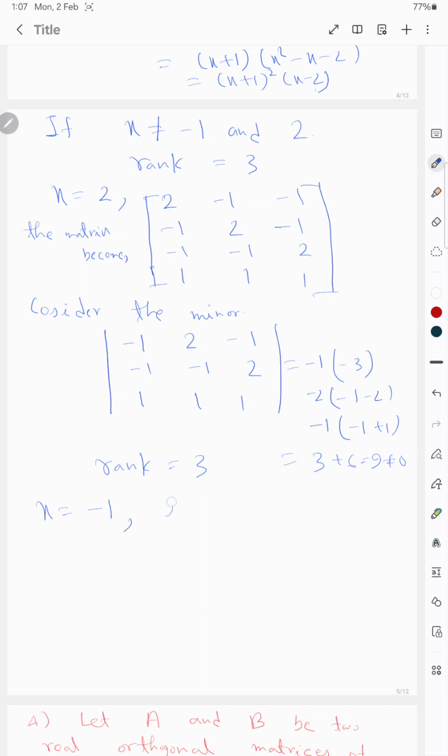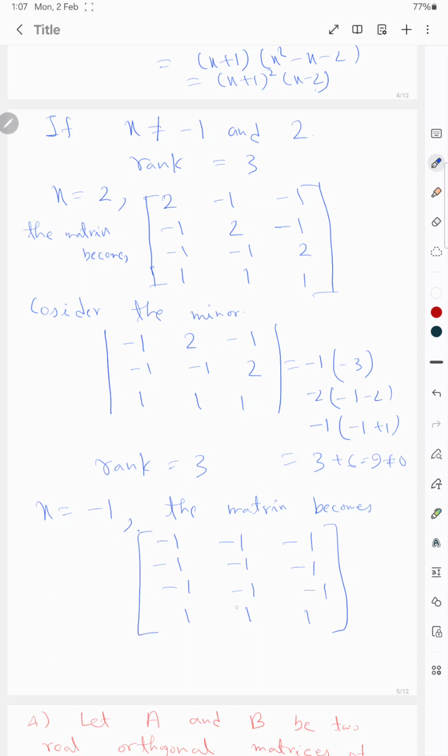So x equal to minus 1, the matrix becomes, you just check what you are getting: minus 1, minus 1, minus 1, and so on. You see the nice thing, right?